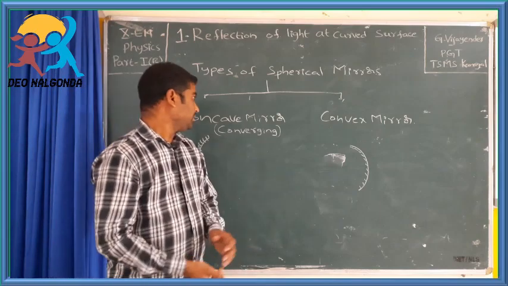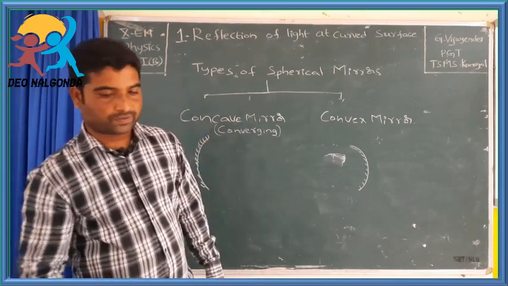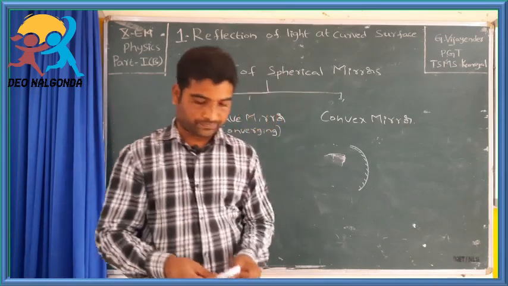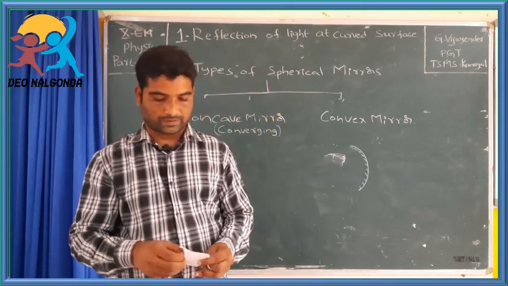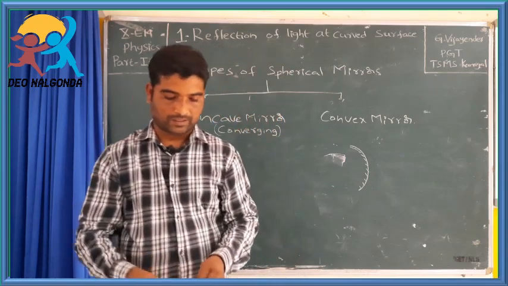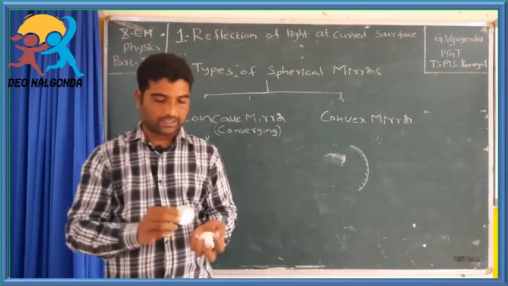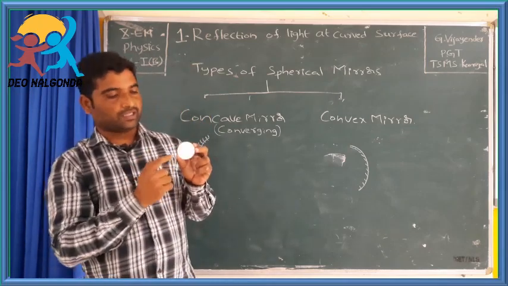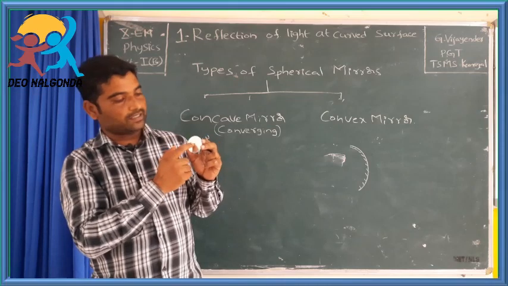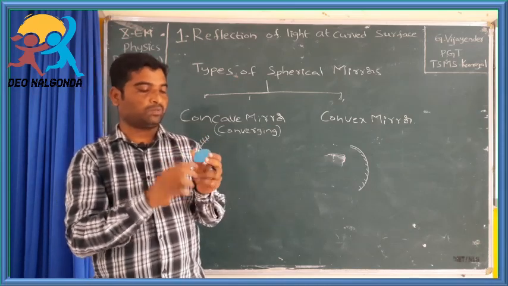We have seen the concave mirrors and convex mirrors. We can see the two types of mirrors. This is the concave mirror, the inside is the reflecting surface, and the outside is the coated, colored part.